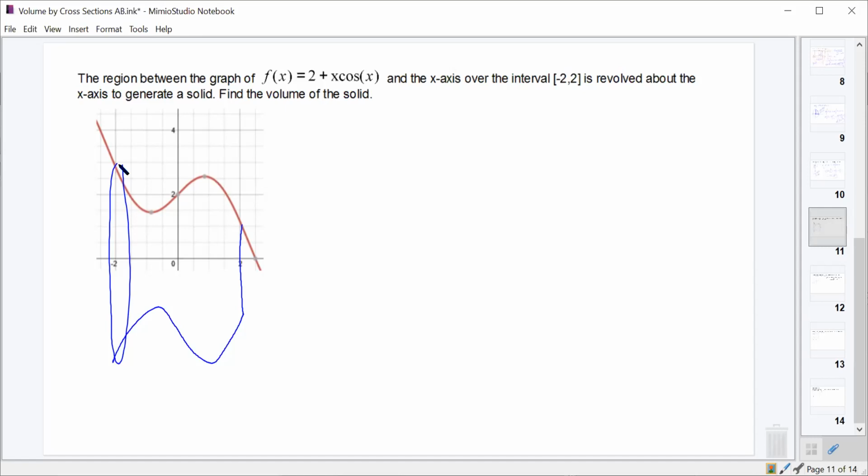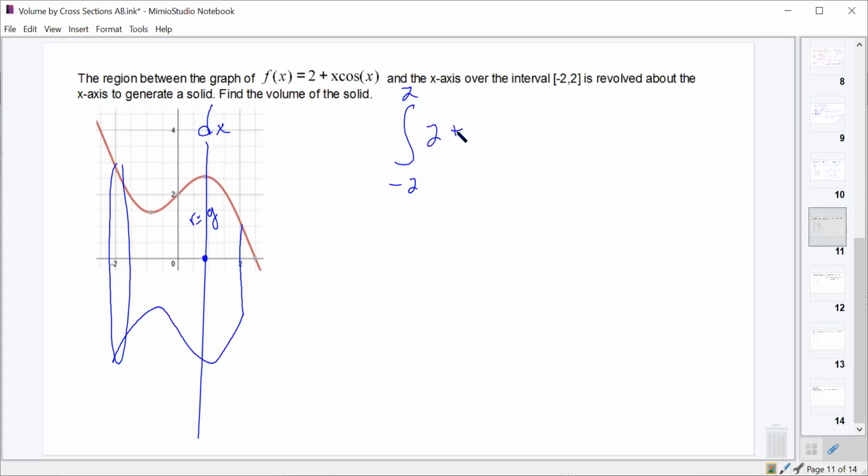So if I slice it vertically, what are the cross sections going to look like? They're going to be circles, aren't they, since we revolve this around an axis. And they will have a thickness of dx. So we just need to integrate from -2 to 2. The radius on all of these should be very easy. The radius should just be the function.